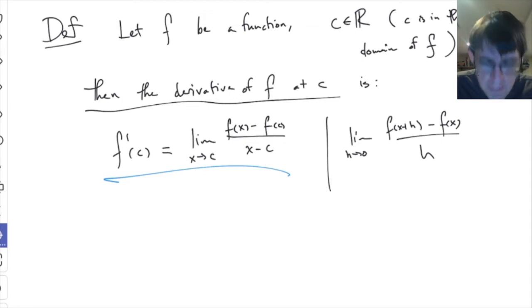But of course, the epsilons are all built in right here. So if you really want to get under the hood, then this really is some statement about some kind of epsilon nonsense. But you don't have to say all of that to make the definition in terms of the limit.